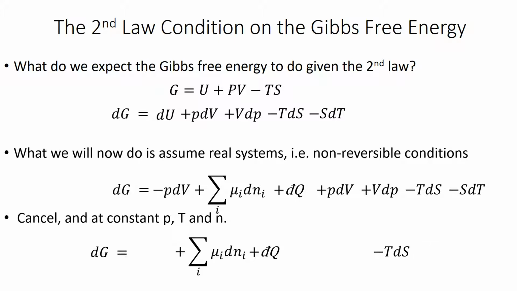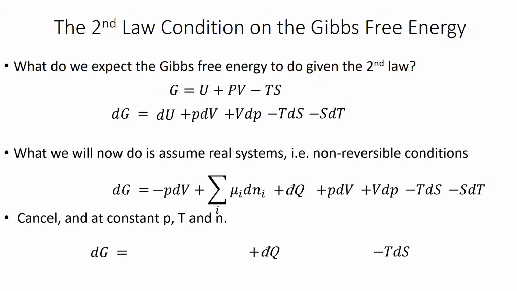At constant temperature, our SdT term disappears. And since we have said there's going to be no matter added to our system or taken out, the summation disappears. And we're just left with this very interesting result. That is dG is equal to dQ minus TdS.